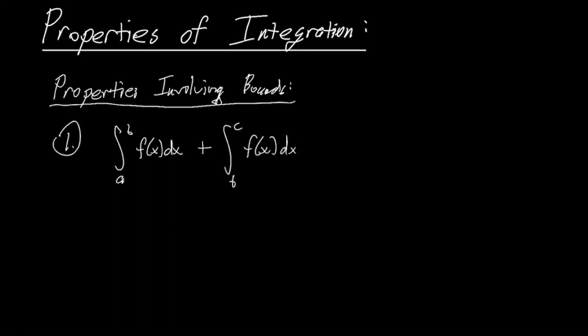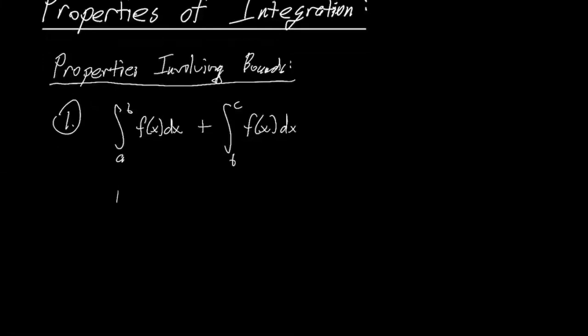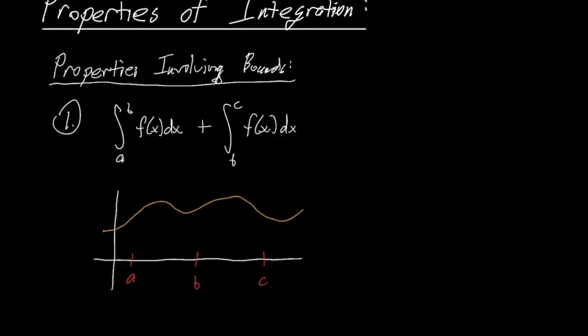Well, if you think about this as a picture, right? Let's say these points are A, B, and C here, and we have some curve, some function like this. This is our f of x.